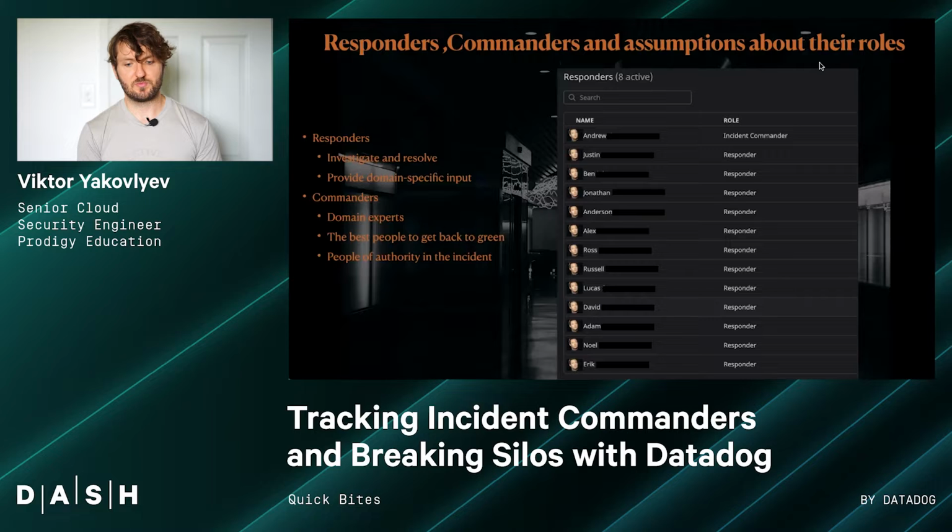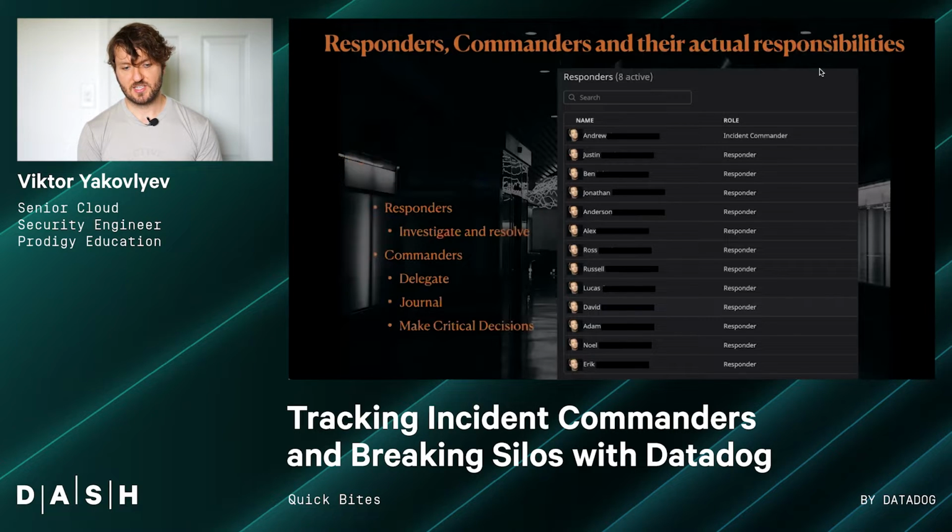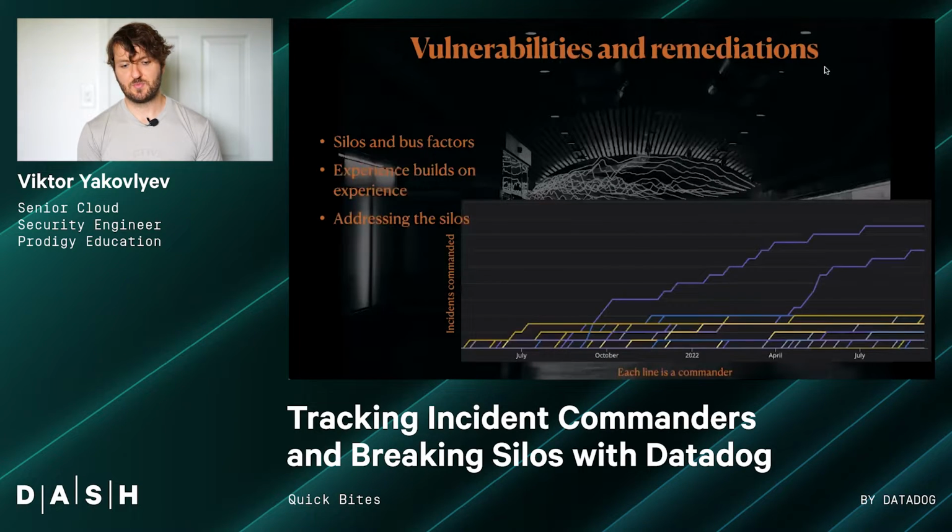So that being said, if we come back to the data and the actual responsibilities, the vulnerabilities and remediations that we see related to this data are fairly interesting. We're pretty vulnerable to the bus factor, or the lottery factor, if you will.